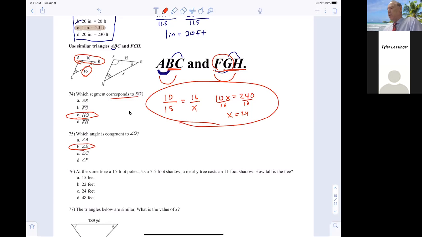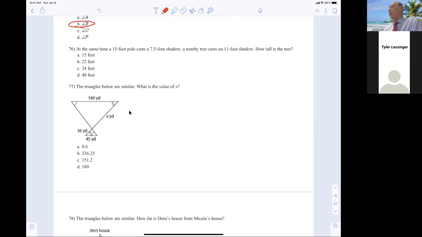Okay. So 76, another nice little proportion. Remember, a 15-foot pole casts a 7.5-foot shadow. Now this casts an 11-foot shadow, so the 11 goes where? On the bottom, right? And X goes on the top.